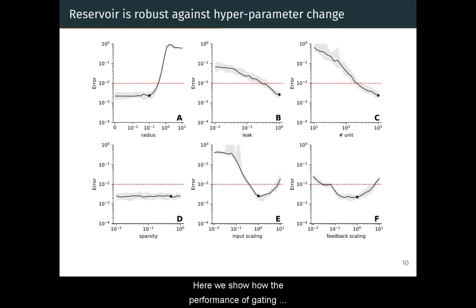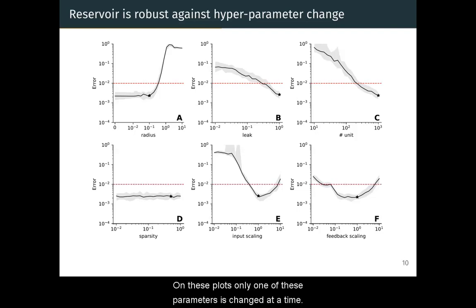Here we show how the performance of gating depends on the 6 parameters of the reservoir: the spectral radius of the recurrent weight matrix, or its maximum absolute eigenvalue, the leak rate, equivalent to an inverse of time constant, the number of units in the reservoir, the sparsity of the recurrent weight matrix, the scaling of the input weight matrix, and the scaling of the feedback weight matrix.